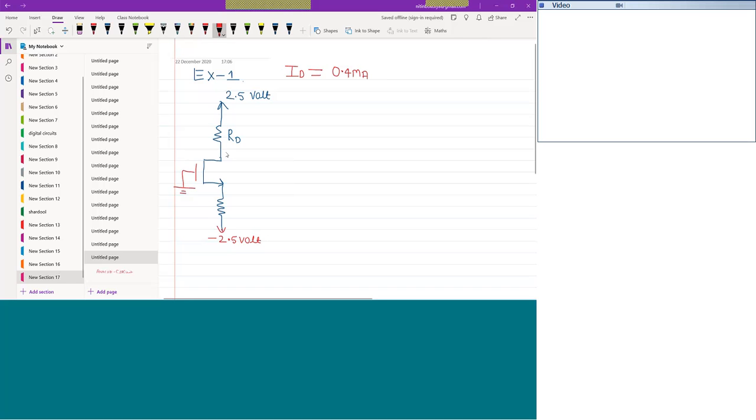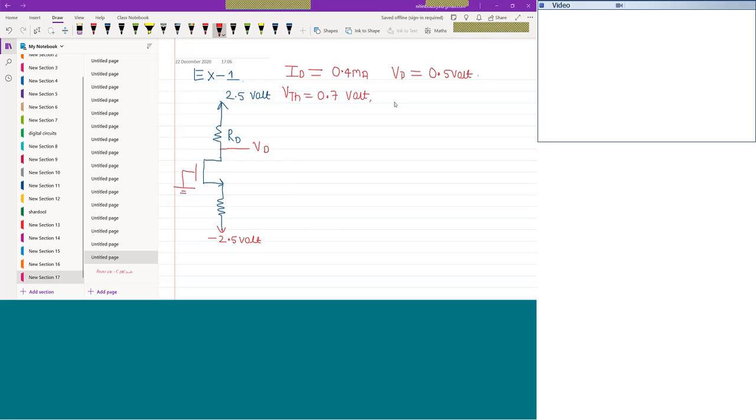और क्या बोला है? That this voltage VD, if this voltage is represented by VD, the VD of the circuit is equivalent to 0.5 volt. ठीक है. और क्या दिया है? VT, the threshold voltage is given as 0.7 volt. और क्या दिया है?